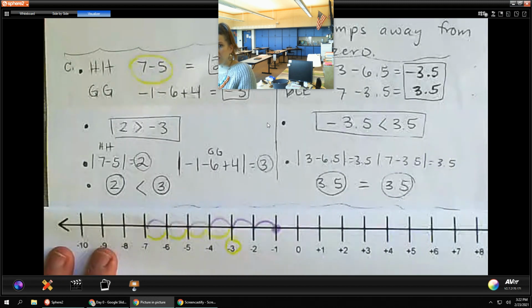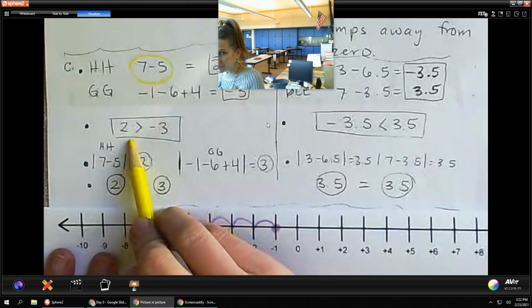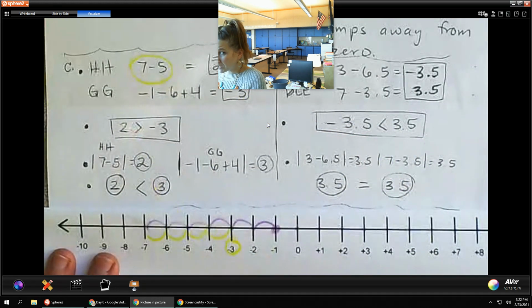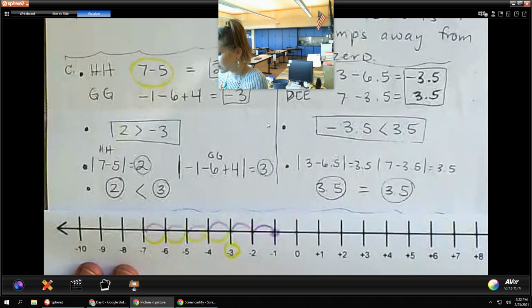After we did that, we had to find the ending points. First we had to do this part: looking at it without thinking about the distance from 0, just what number is greater or less than.